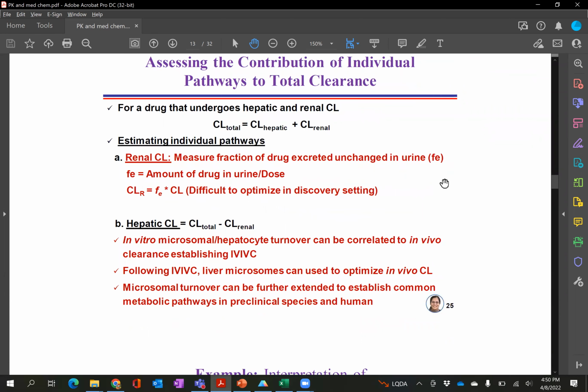For a drug that undergoes hepatic and renal clearance, the clearance will be the total of hepatic clearance and renal clearance. For this, you need to use so-called metabolic cages to measure how much goes into the feces and how much goes into the urine.